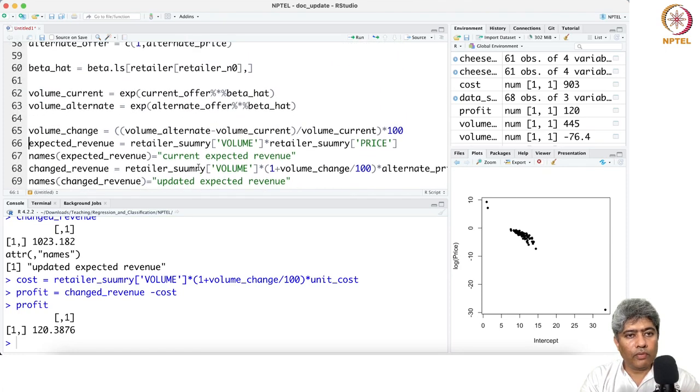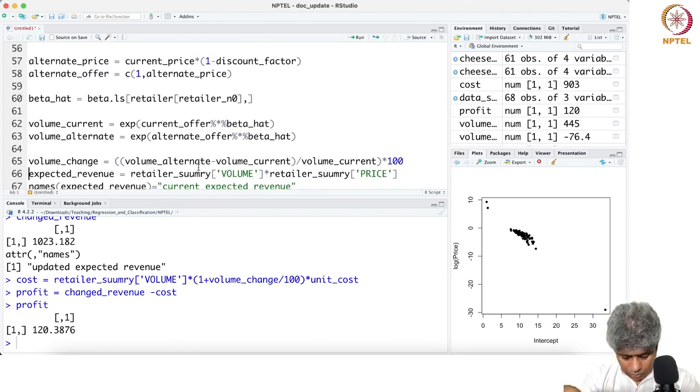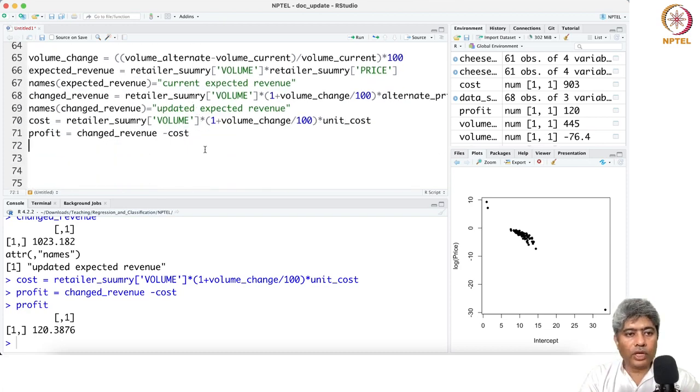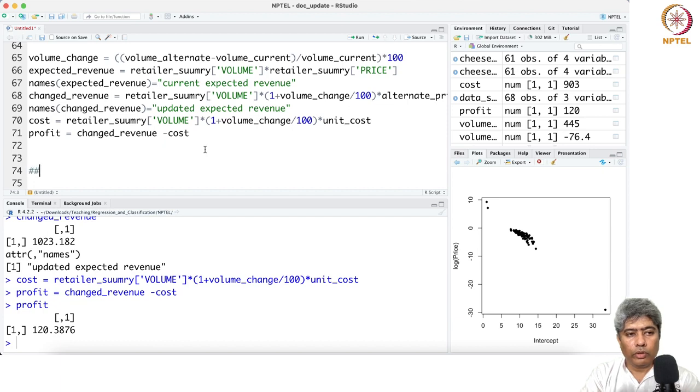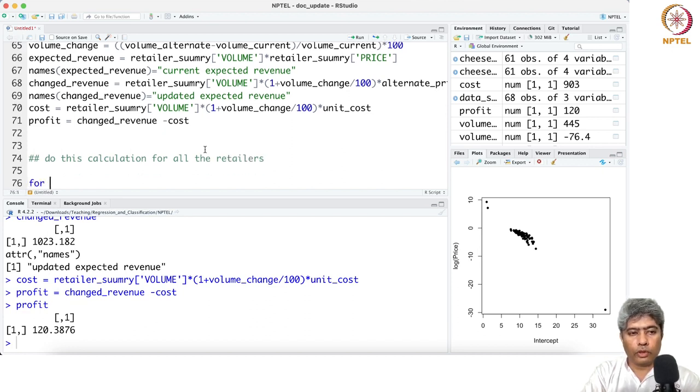So now we have to do this calculation for all the retailers. For I in retailer.